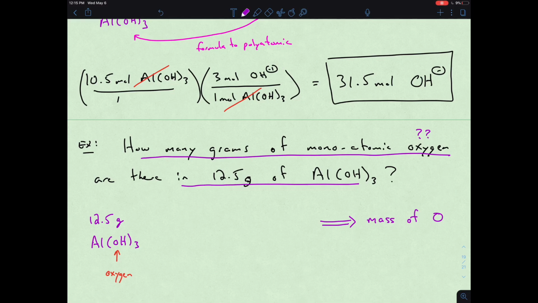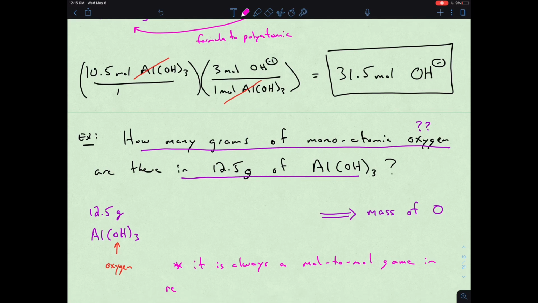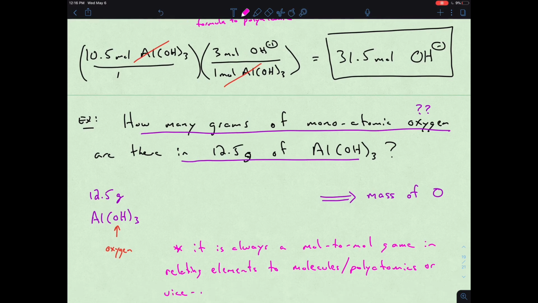And I try to think of a conversion feature. And the most important thing that we have to really understand when we're getting into relating molecules and elements and all of that nature is that it's always a mole to mole game in relating elements to molecules, polyatomics, or vice versa.